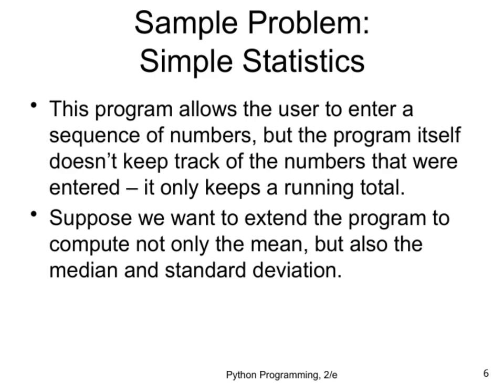For example, to find the median, we need to know the entire set of numbers, not just a total. The same goes for standard deviation, which depends on the individual data points. So, this sample problem introduces the idea of how we might build on a basic program to calculate more complex statistics, which is a key theme in data analysis and programming.